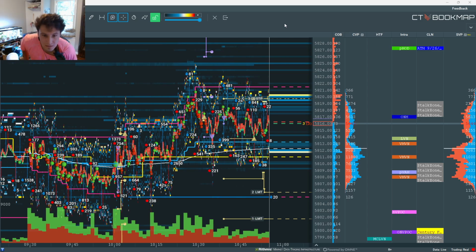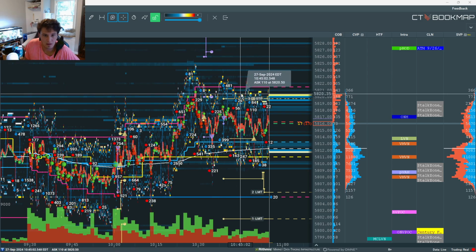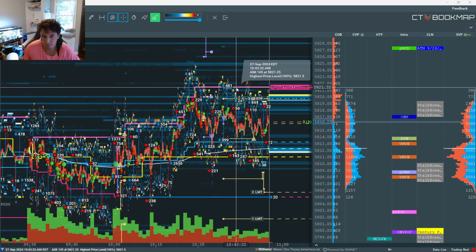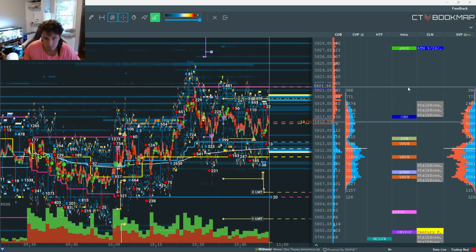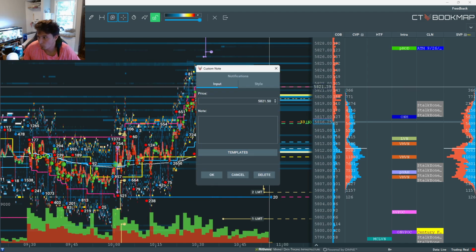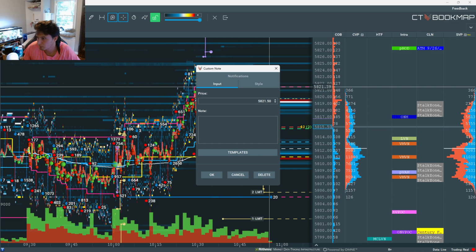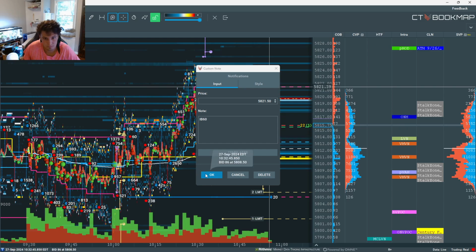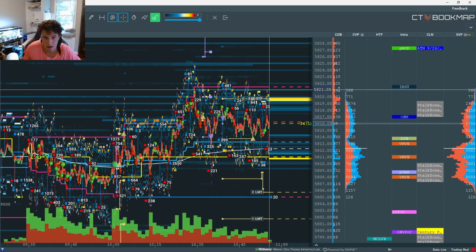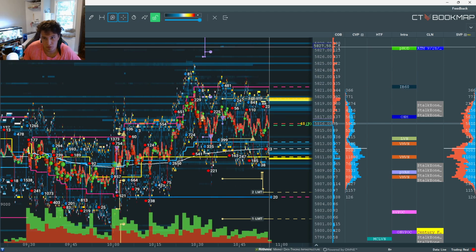All right, well, let's continue to narrate here. Let's not just idly sit. IB high. What could happen at the IB high? Well, we could see IB continuation to the prior high of day.